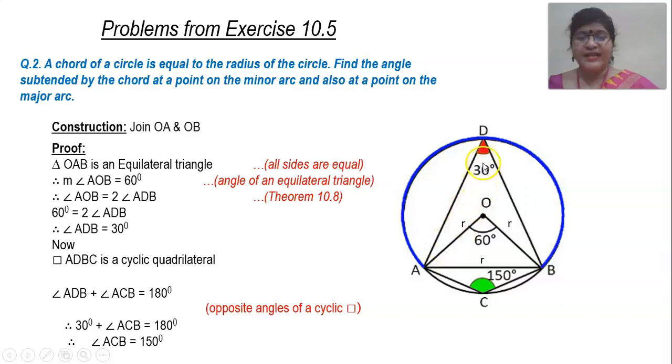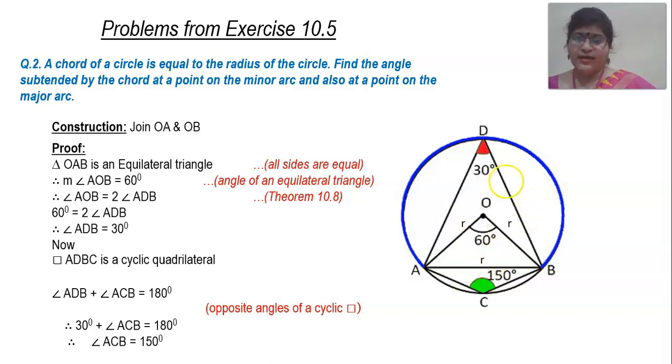Now that you have got ADB as 30, which is an angle in the major arc, how would you find the measure of the angle in the minor arc? So I have taken this angle ACB. If you look at this quadrilateral ADBC, it is a cyclic quadrilateral. In this cyclic quadrilateral, the sum of the opposite angles are supplementary.